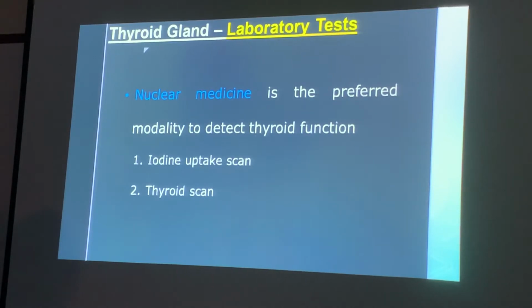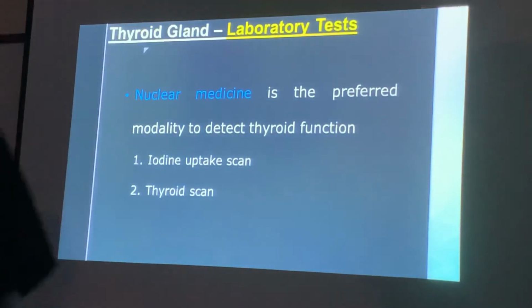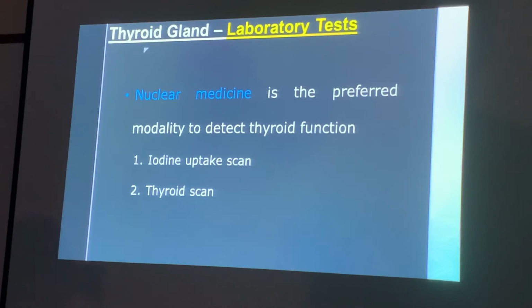And the two tests they do in nuclear medicine are an iodine uptake scan and a thyroid scan using technetium-99m. Is that a contrast agent? It's a radionuclide, right? Yeah, that's the radionuclide. But nuclear medicine is the best modality for checking thyroid function.